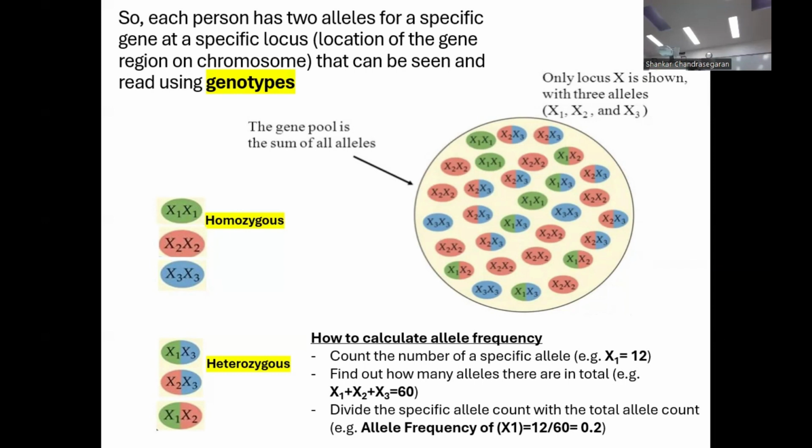And then we calculate how many alleles there are in total. That's 60 of them. So to find out the allele frequency of X1, we just take the total number of X1s divided by the total number of alleles in the gene pool. And that's how you find out what the allele frequency for that specific allele is.